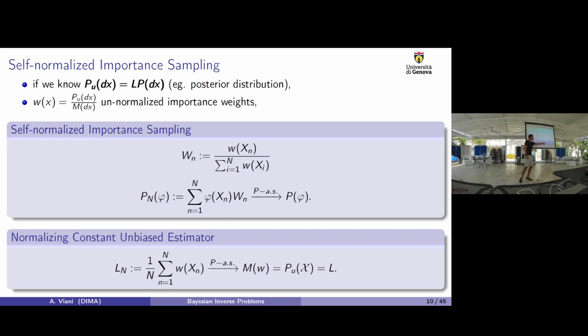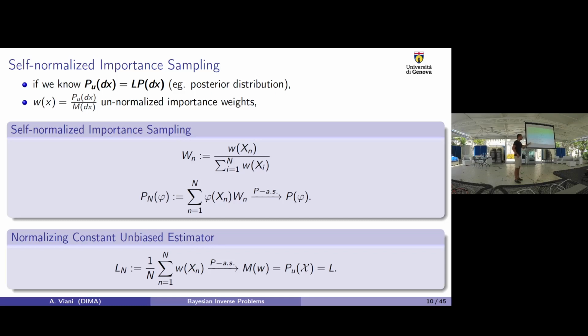But this, due to the definition, is the integral over the whole space of pu of x, because w is this ratio. If you do the integral, m of x dies. And then we get pu of x. It's L. So our normalizing constant.